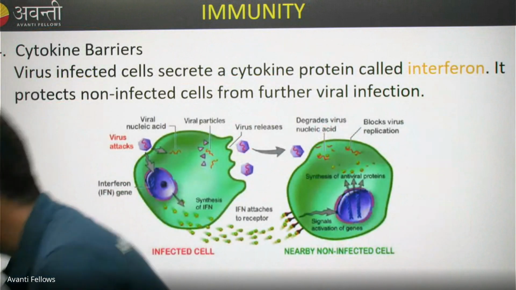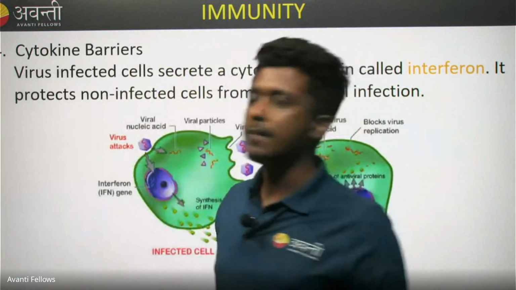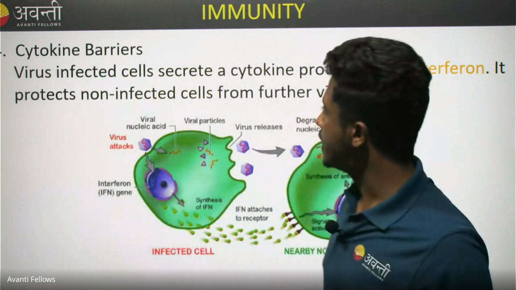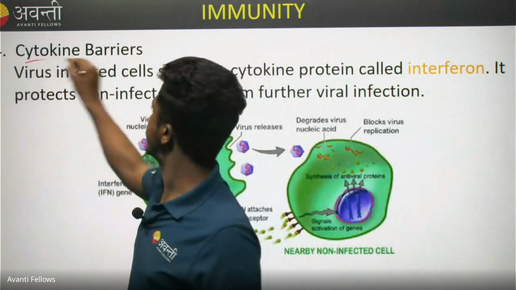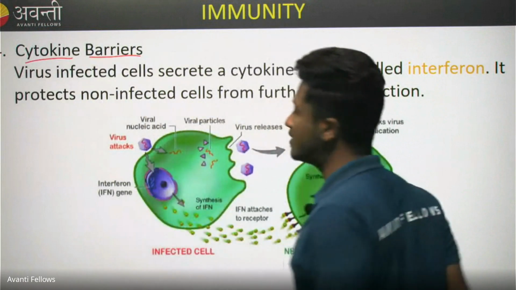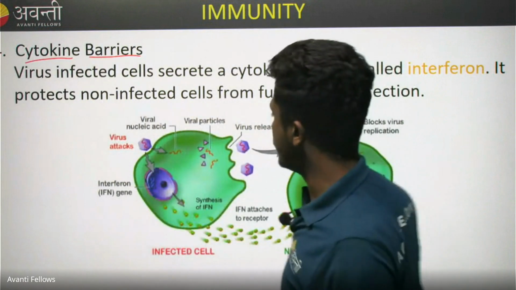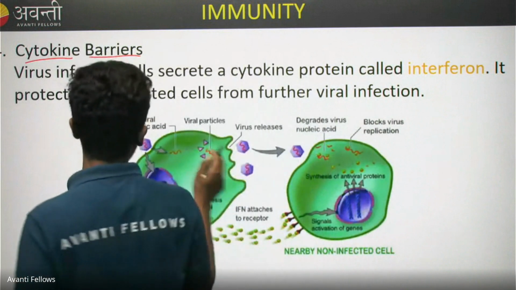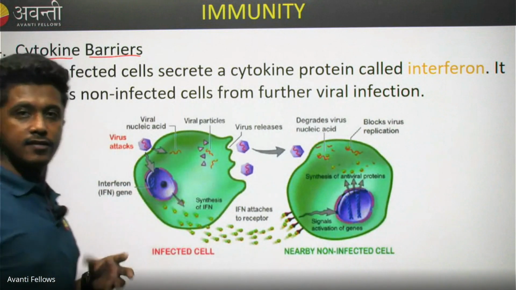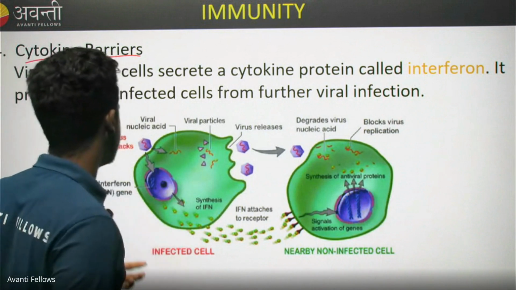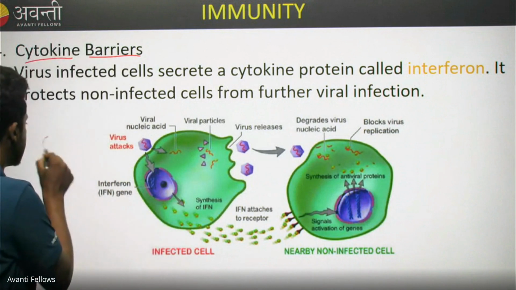Coming to cytokine barriers. Cytokine barriers are a very unique kind of barrier. So what happens in cytokine barriers? Let us assume that we have a cell and the cell is infected by a virus. The infection begins with the virus attaching to a cell.